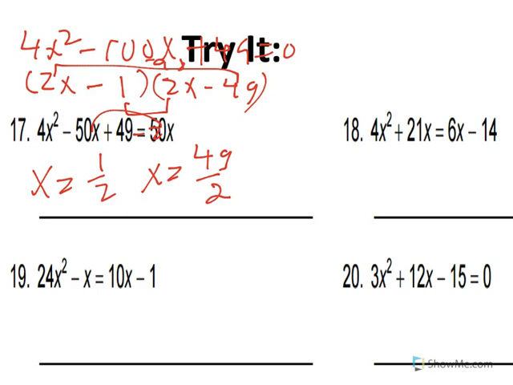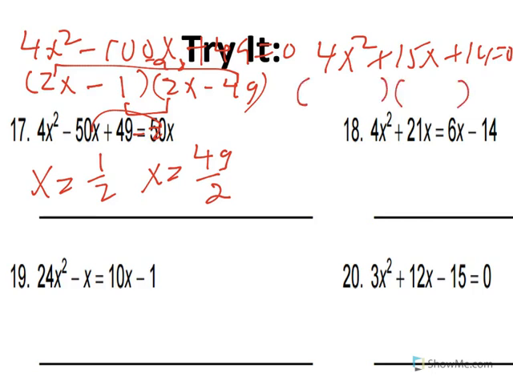Let's try number 8. So we have 4x squared plus 15x plus 14 equal to 0. So try to factor this out.